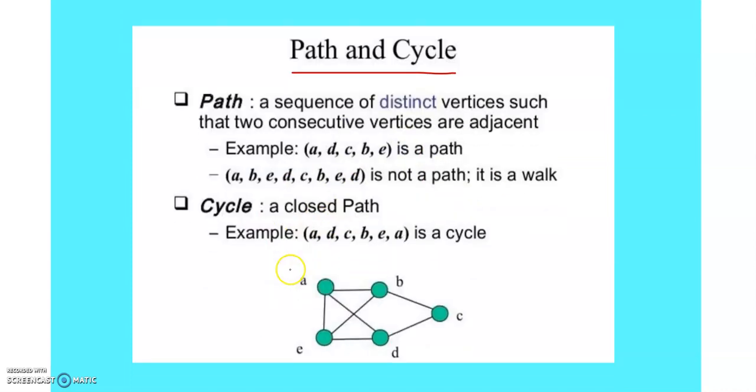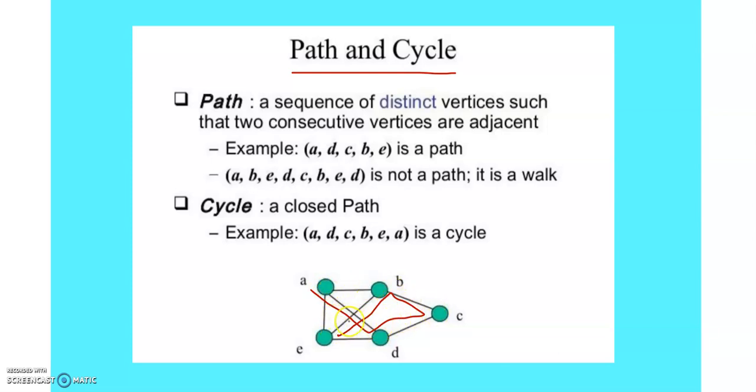For example, A, D, C, B, E. We have to list the vertices such that two consecutive vertices are adjacent. Here A and D are adjacent, so you can write A, D, then C, then B, then E.